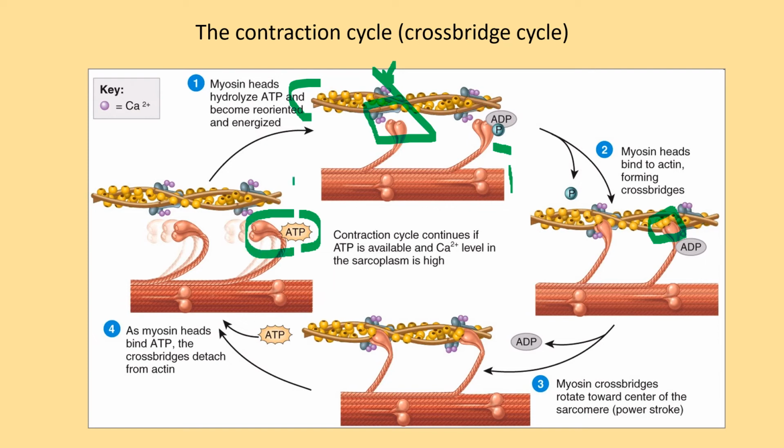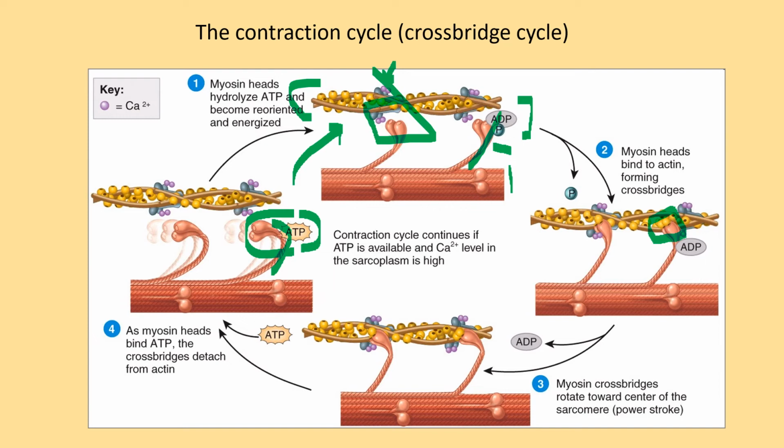And as we go from one step to the next, notice that ATP gets cleaved into ADP and P. Notice that the conformation, the bend in the myosin head, has changed. We go from this super bent shape to this less bent shape. That's a conformational change. And we're going to go back and forth from the super bent shape to the less bent shape.